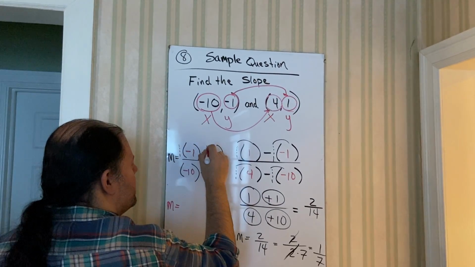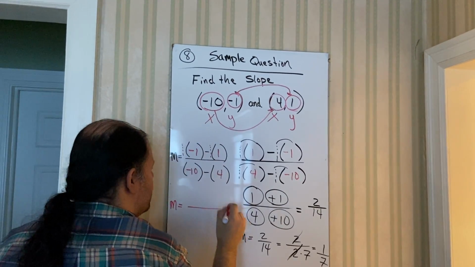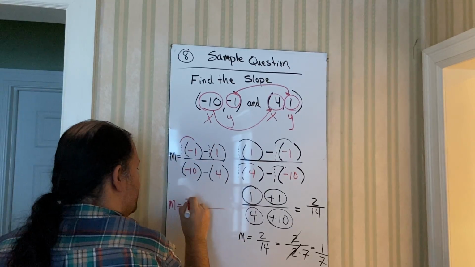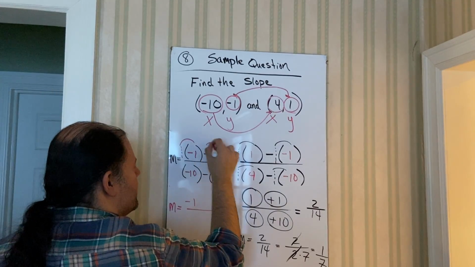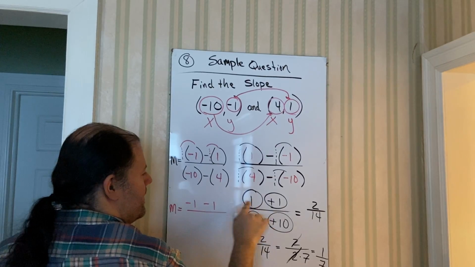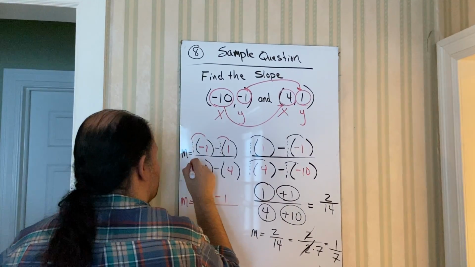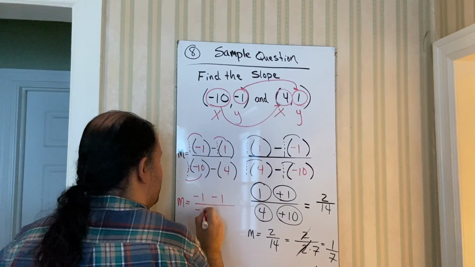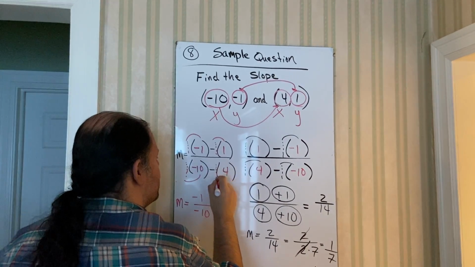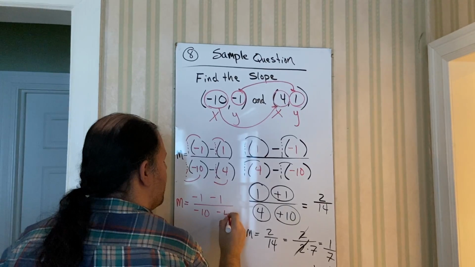Distribute to simplify, just like we were doing. Now some people might argue, going like, well, wait, you have a -1 here and a -1 here. Here you have +1s. You'll see, it'll still give you the same answer. And then here, this would be a -10, and here, you get a -4.